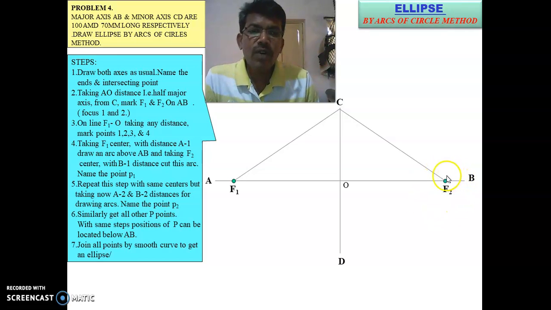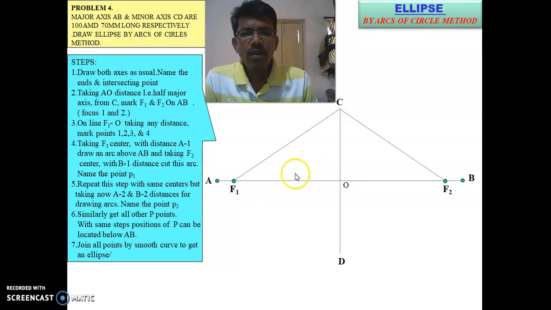From these focus points, you have to divide focus 1 to O and focus 2 to O into an equal number of parts. Suppose you take 4 equal parts this side, you have to take 4 equal parts this side. Let us do the same construction procedure.